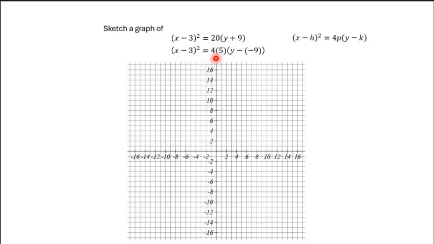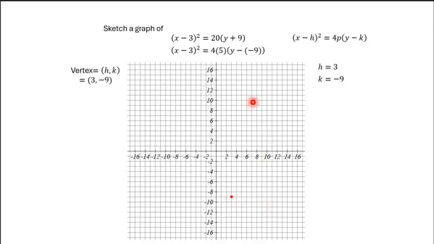That's going to be 4 times 5. And then it's going to be y minus negative 9 for the y plus 9. So I can identify the value of h to be 3, because that's x minus h. The value of k to be negative 9, because that's y minus k, and then that tells me that the vertex is the point 3, negative 9, and we'll plot that point 3, negative 9.